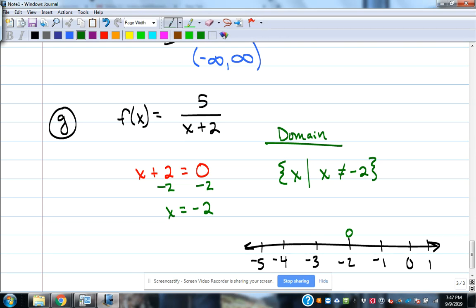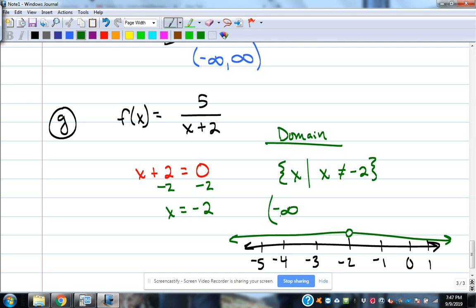But it can be any other number. So that could be any of these numbers this way or any of these numbers that way, right? Now, in interval notation, what that's saying is, okay, what's all the way out here? What number? Or idea? Way out there. Negative infinity is way out there. So we're starting at negative infinity.